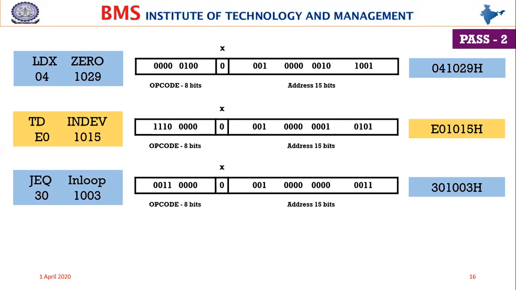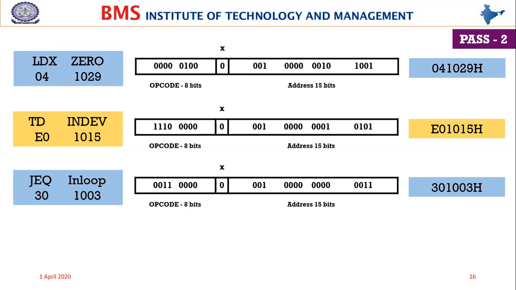Assembling will be easier in the case of SIC, because we have only two addressing modes: one is direct and another one is indexed. Apart from this, no other addressing modes. But these things will be complicated as we move on to SIC/XE, because format 3 alone has 4 different types of addressing modes: immediate, PC relative, base relative, and indirect.